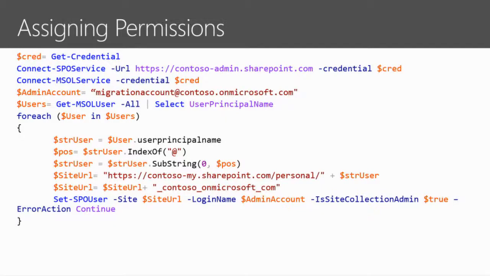This example basically just gives us that: we're looping through all the users, going to each site and adding the migration account in there so that it has permissions to add content at a later date. So again, simple things, but very easy to overlook when you're planning this scenario.